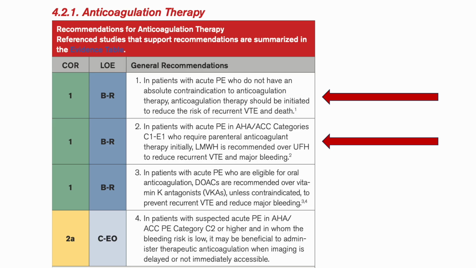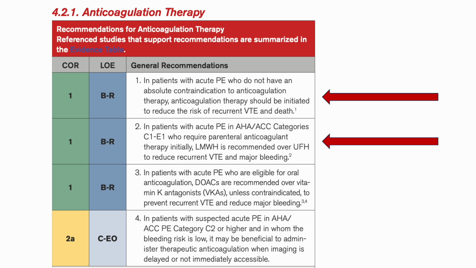The next is that for patients who are eligible for oral anticoagulation, DOACs are recommended over vitamin K antagonists unless contraindicated, to prevent recurrent thromboembolism and reduce major bleeding. So we would prefer them if you are having a patient eligible for oral anticoagulation.